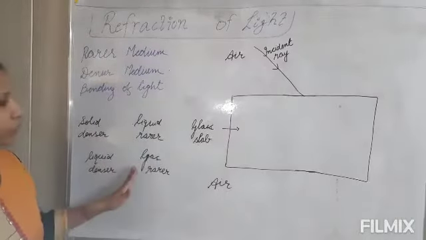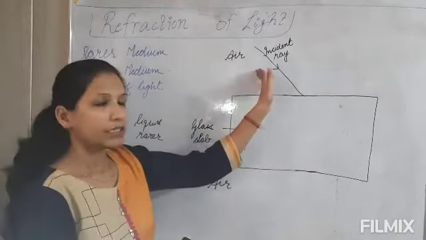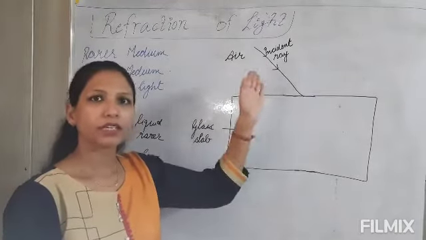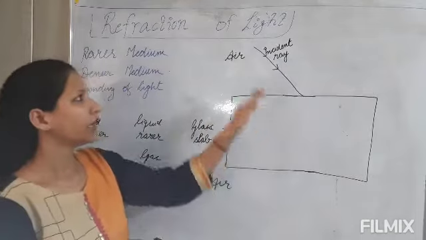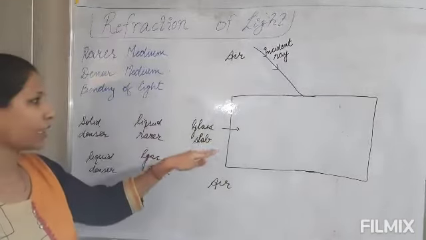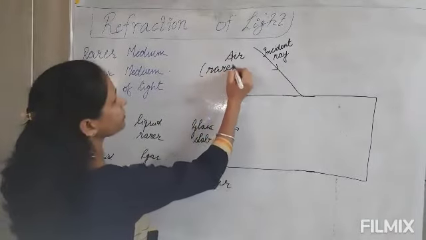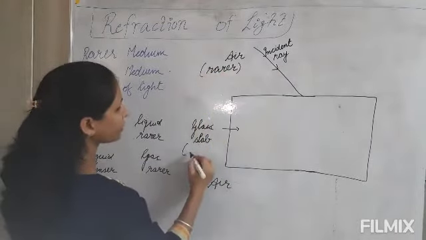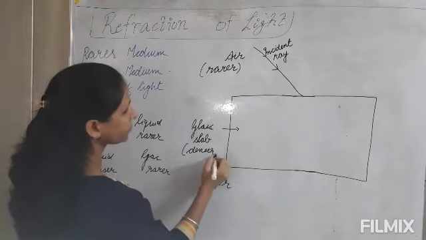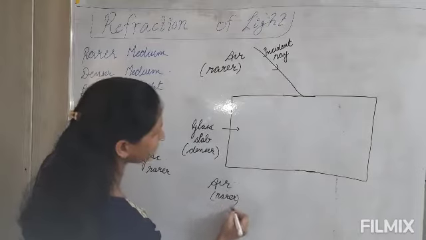So, related to this medium, we have bending of light. Light ray bends when there is a medium change. In our diagram, we have two media, air and glass slab. Air is our rarer medium, while glass slab is our denser medium. Again we have air, so it is rarer medium.